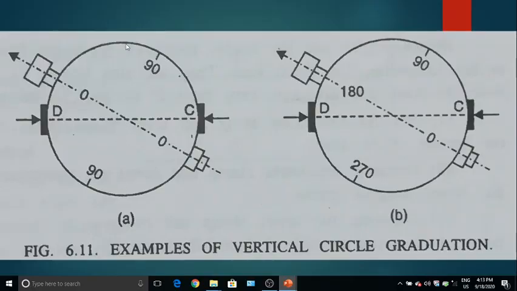Yeah, there is a vertical circle, and the graduations are marked in the vertical circle, something like this. There are two types of vertical circle. On my left hand side, there is a vertical circle with four quarters.